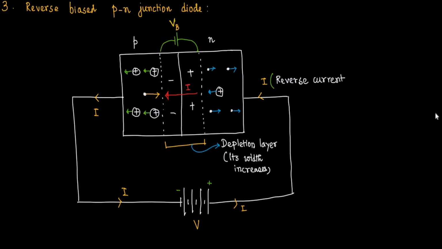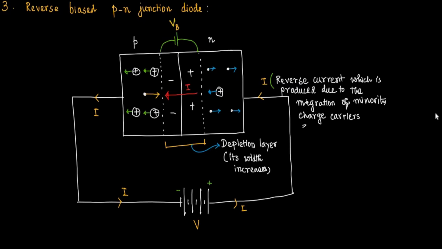I is the reverse current which flows from the N region to the P region, and which is produced due to the migration of minority charge carriers from one region to another region of the PN junction diode.